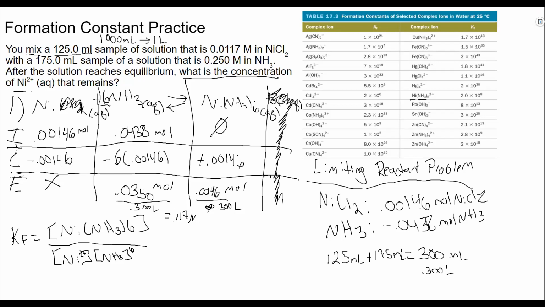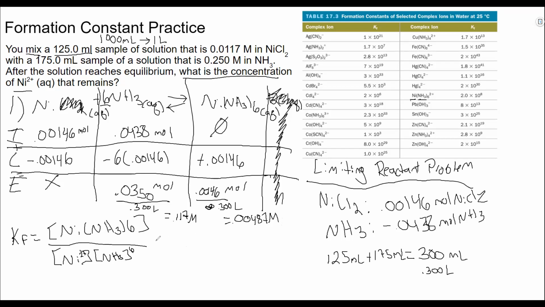So we're going to take 0.00146 divided by 0.3. That's 0.00487 molar.